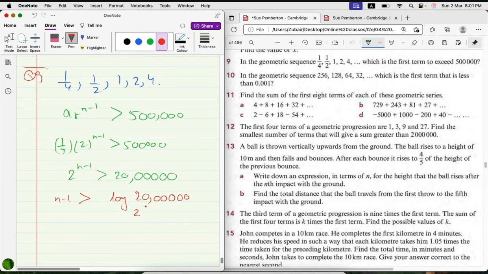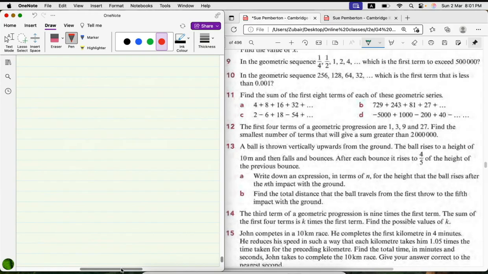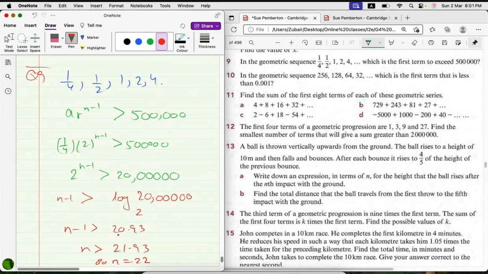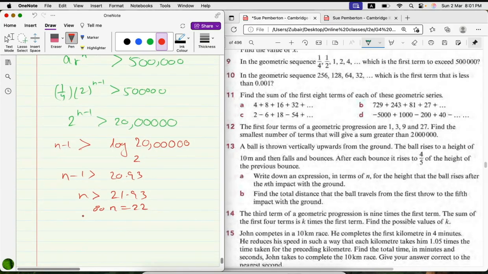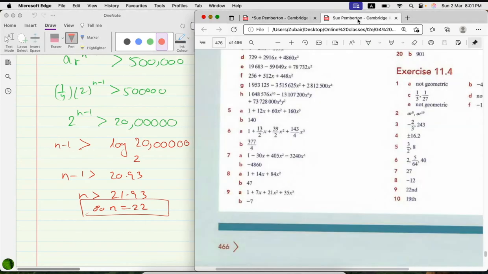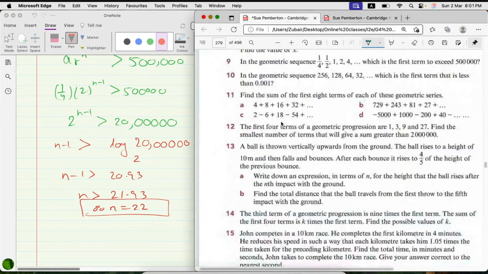So this is giving me 20.93. n minus 1 is greater than 20.93, n is greater than 21.93. Therefore, n is equal to 22. Number 9, 22. Try number 10.